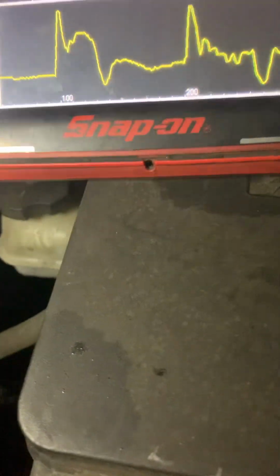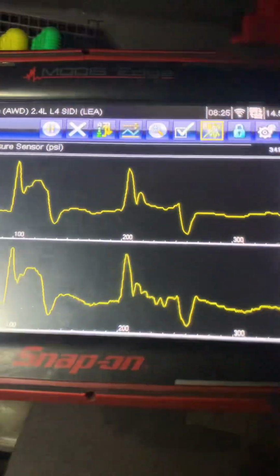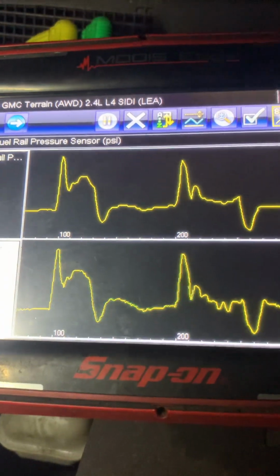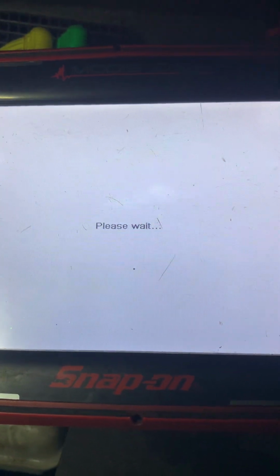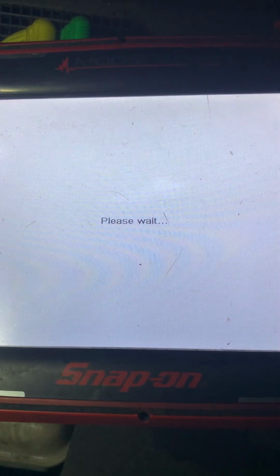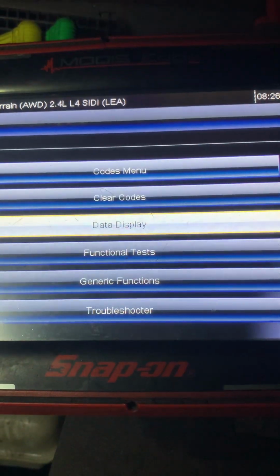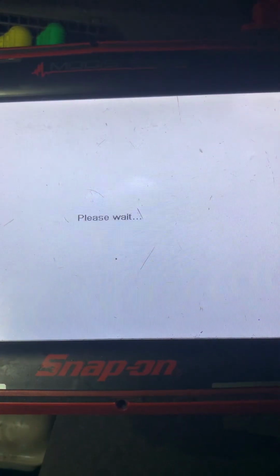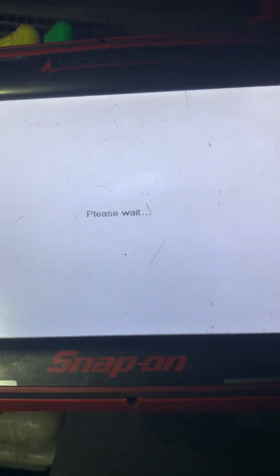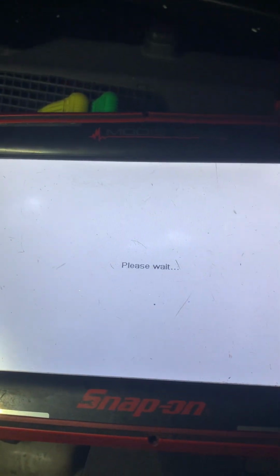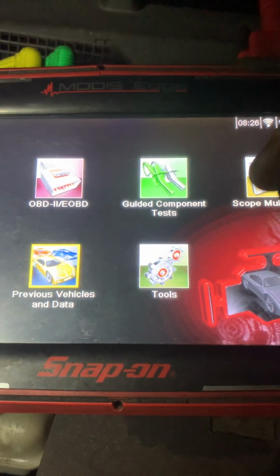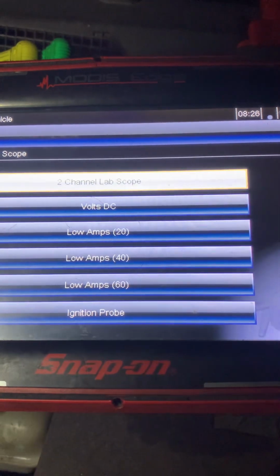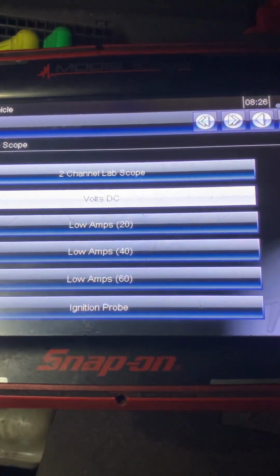The last thing is I'm going to go back to the scope and look at the solenoid in action, see what kind of signals we get there, and draw the conclusions from that. So we're going back to scope, left scope, volts, right here.